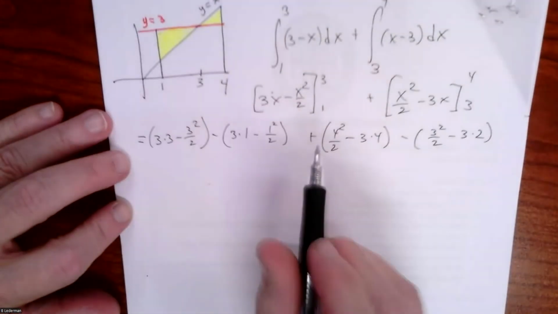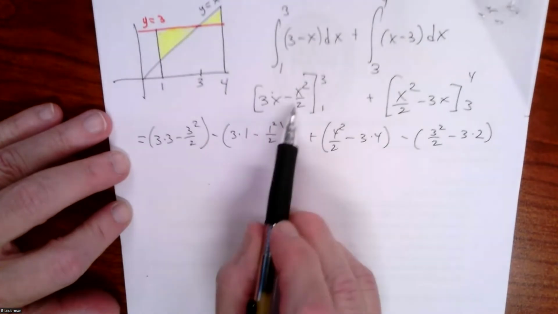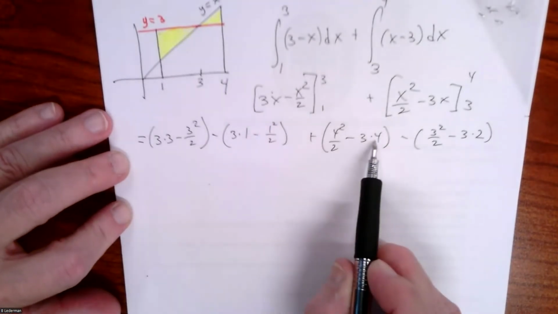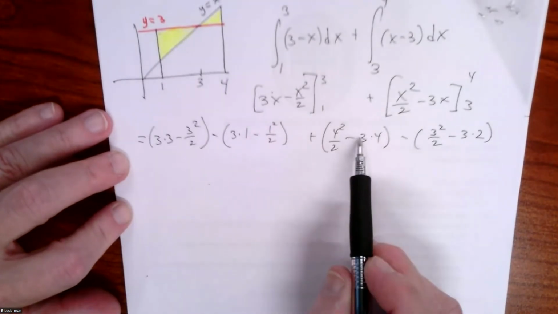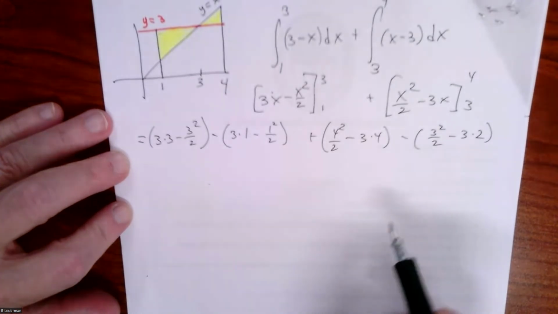So basically, I plugged in a 3 here or 1 there. That was for the first integral, and here I plugged in a 4 to this one and a 3 to that one. That was for the second integral.